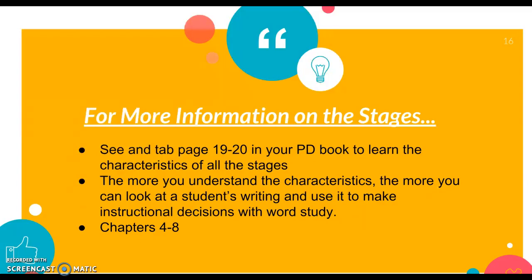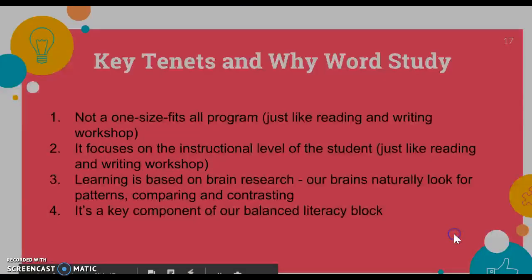The more you understand what happens in each stage, the more you're going to be able to pick up a student's writing and say, oh, I can tell from their writing that they are in the within words pattern stage or the derivational relations stage. Also refer to chapters 4 through 8. Each chapter is devoted to one of the spelling stages. You don't have to read all of them. Read the ones that relate to the stages that you'll be instructing on within your classroom.